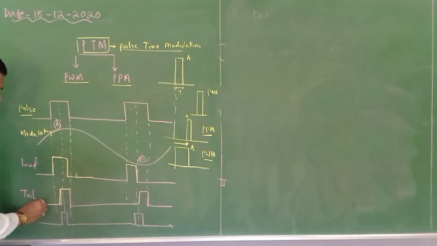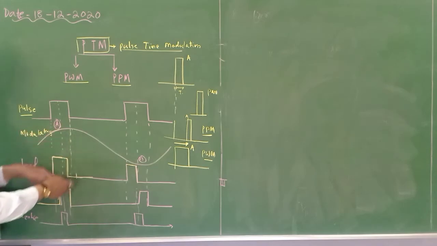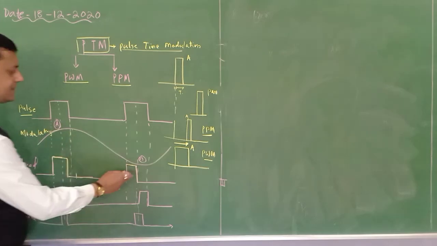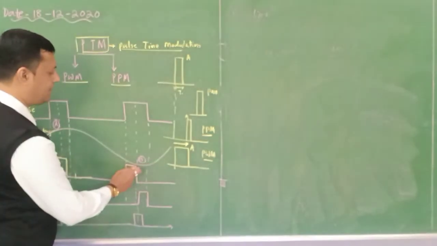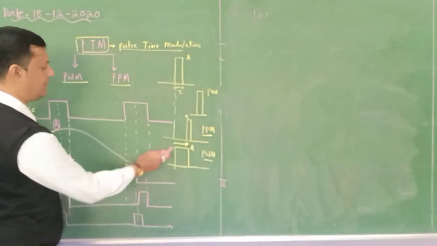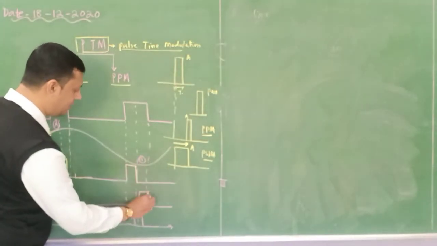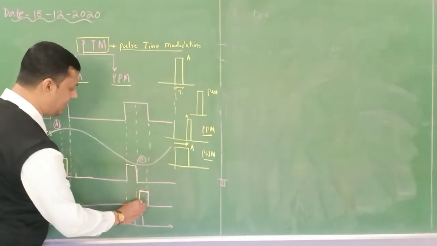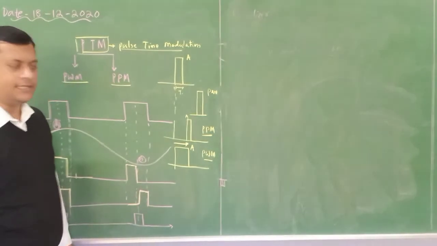So this is the width of the pulse. Here the pulse width is changing because it is reducing. Similarly, here the pulse width is from minimum to maximum, it is increasing. Again from the trailing edge the pulse is available.